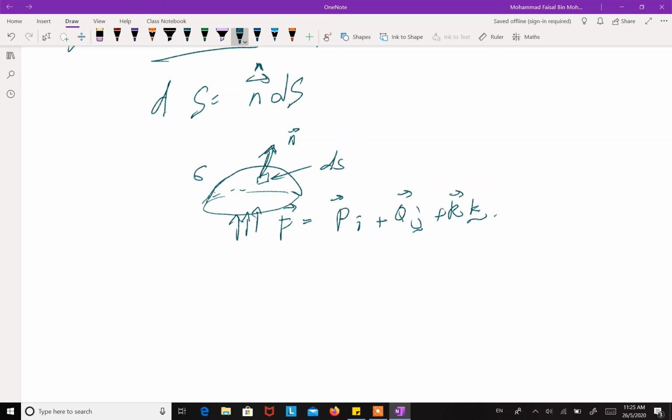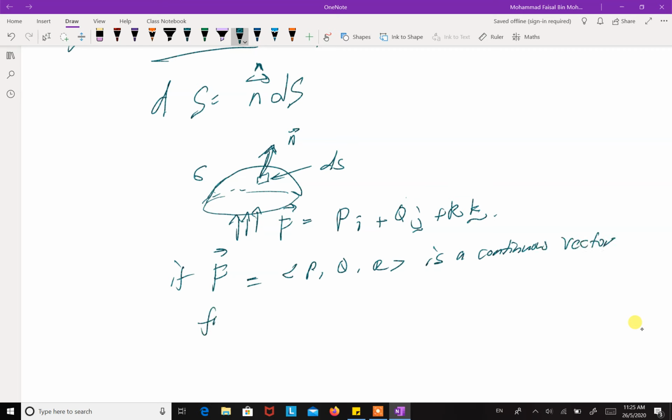Okay, so F equals P comma Q comma R is a continuous vector field.